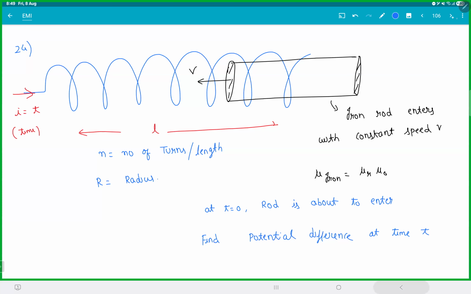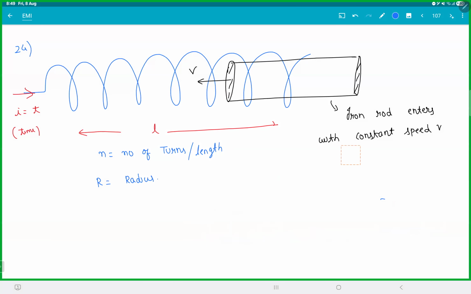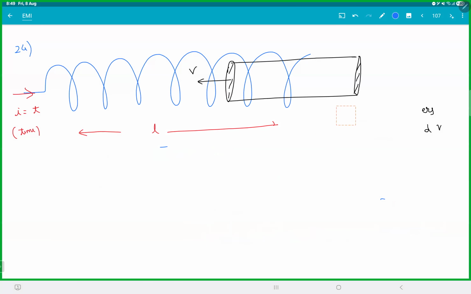How do we start? So let's say when it is entering inside, let this be x inside. Then this will be L minus x. So what is the self-inductance? You can divide it into two parts. You have two solenoids, one with vacuum and one with a metal.